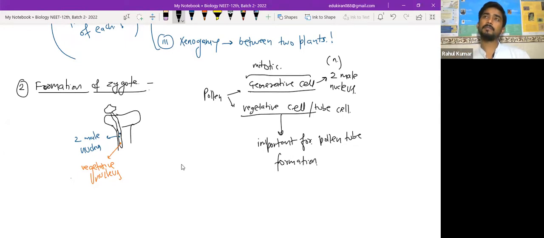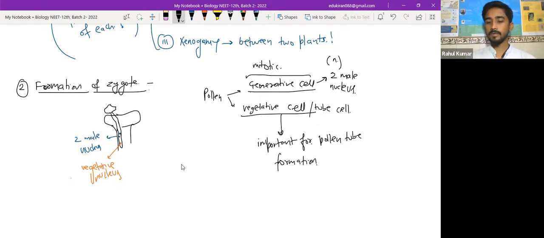After pollination, the male gamete is transferred down through the style into the ovary.